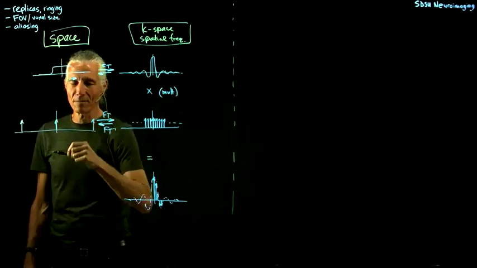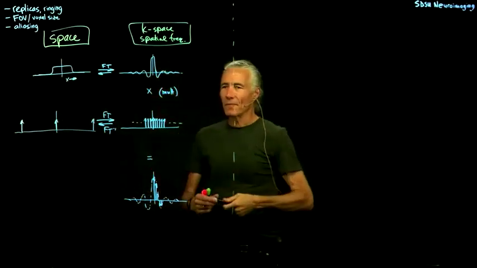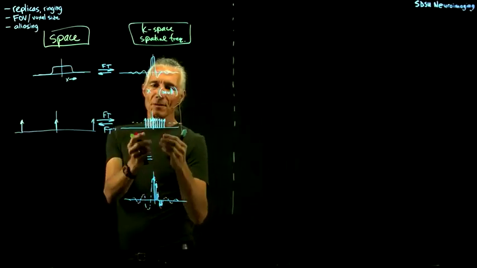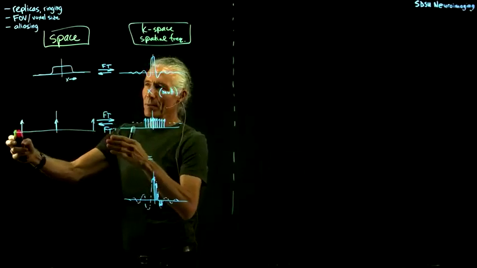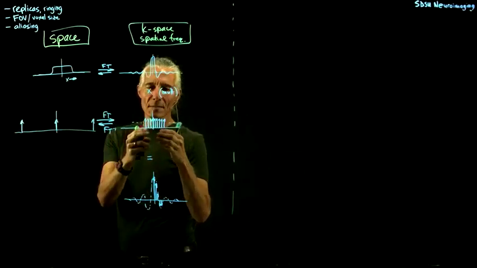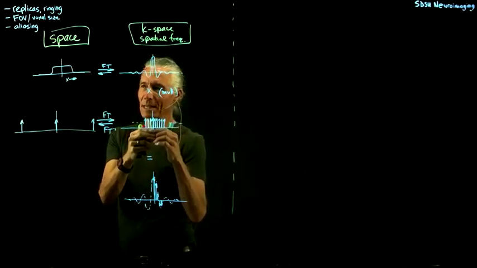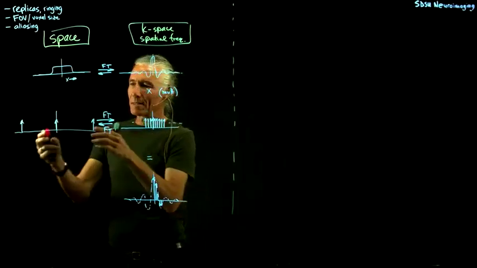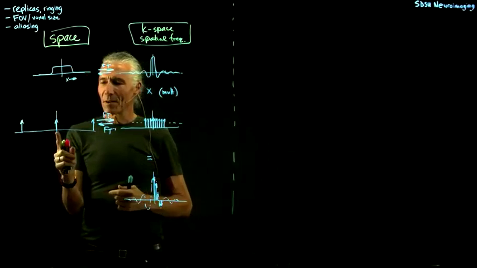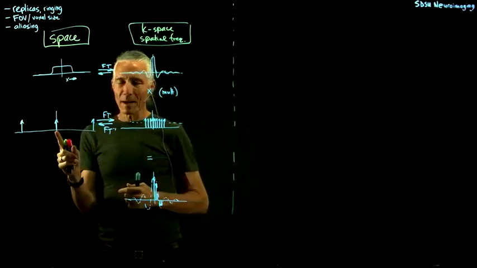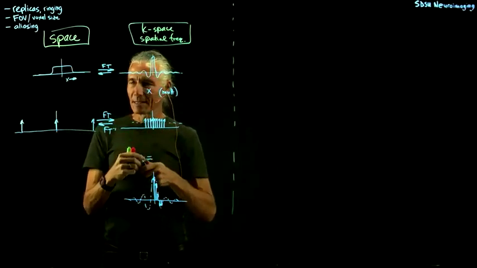We could write out the equation for it, but it's relatively intuitive, because if you jam these sampling spikes closer together, it spreads out these spikes. Imagine if you jammed them infinitely close together, these spikes would spread out infinitely. You'd end up with one spike. And we know that one spike corresponds to all frequencies.